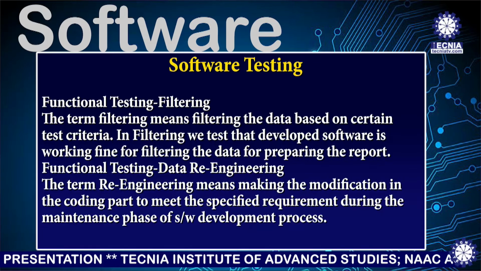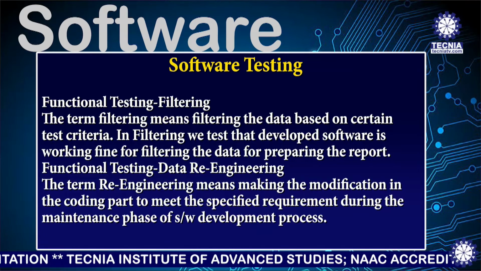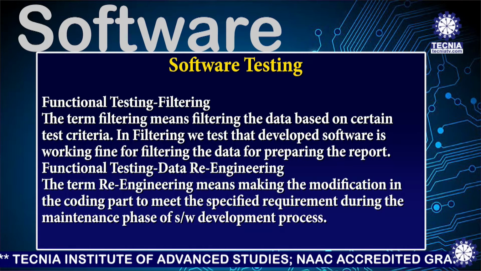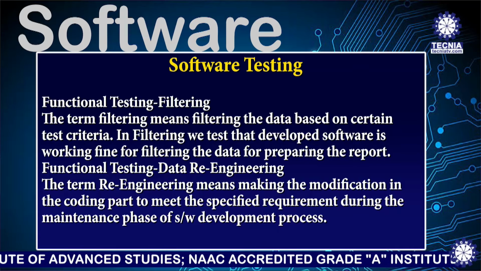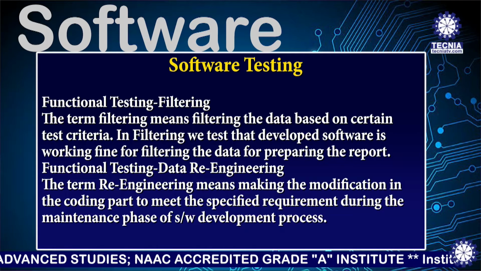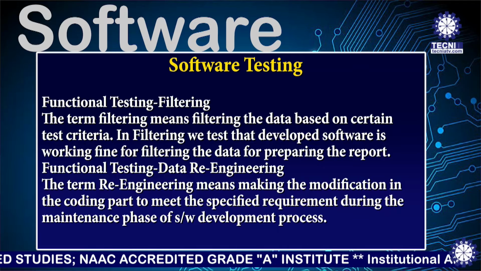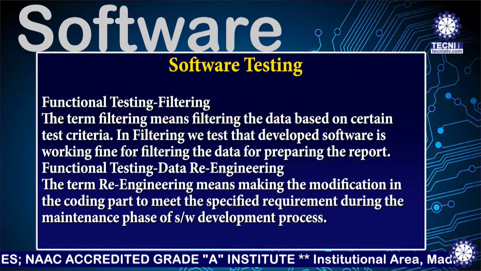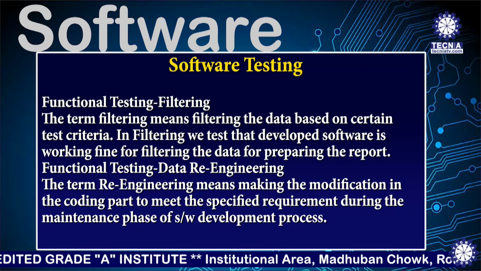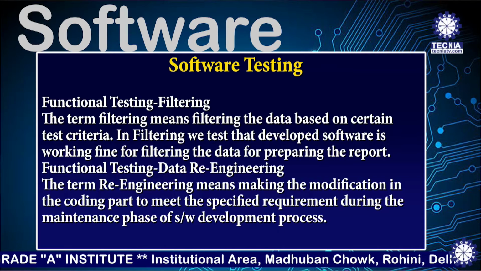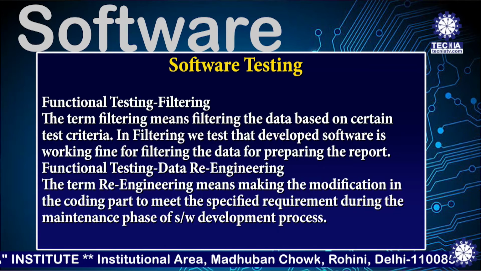Friends, another method of checking functional testing is filtering. The term filtering means to filter the required data from the system by using some filters, by using some conditions. So friends, let's try to understand what filtering is in functional testing.